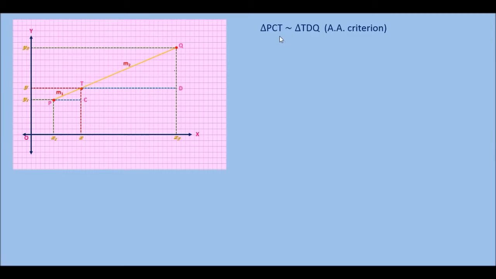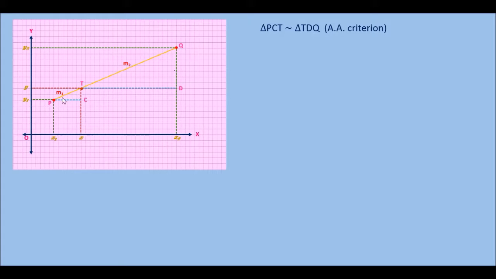So as soon as you write or name the two triangles properly, you will be seeing that the corresponding sides become so very evident. How do you name the two triangles properly? By point-to-point matching. You see, I am saying angle TPC, that is this one. The middle letter denotes the angle.